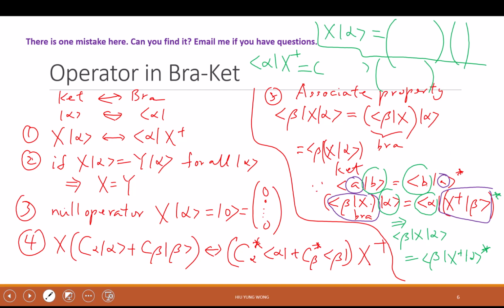Now here is a typo, right? I want to see if you can find it, but anyway, now the associative property. This is very important. I have beta X alpha. Okay, a little bit complex. Do you know what this is? Someone guess. Who thinks this is a vector, the whole thing?